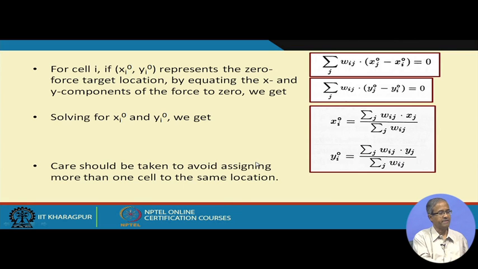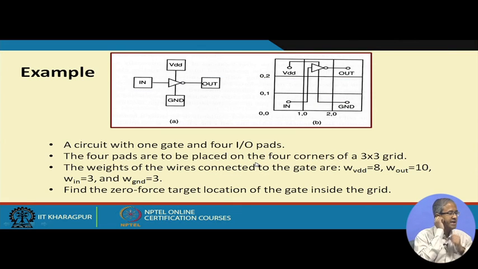Okay. Fine. So, let us take a small example to illustrate. The problem is shown in the diagram on the left. You ignore the diagram on the right temporarily, because this represents the final solution, but we shall be arriving at this. In this example I have shown 4 input output pads indicating in, out, VDD and ground, and 1 gate.